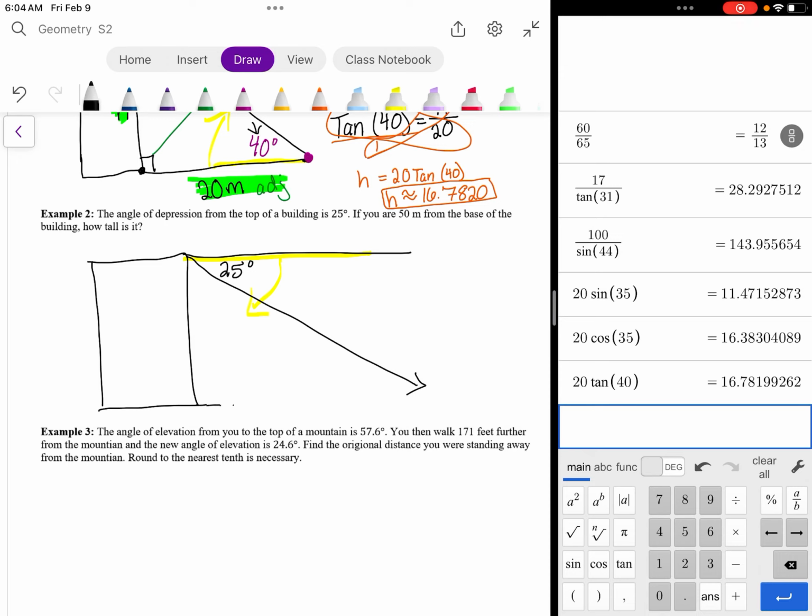And the base of the building is down here. So if we were to label this one 50, we can make a right triangle with the angle of depression, and that would make this distance up here also 50. And they want to figure out how tall the building is. So that is going to be this side over here on the right.